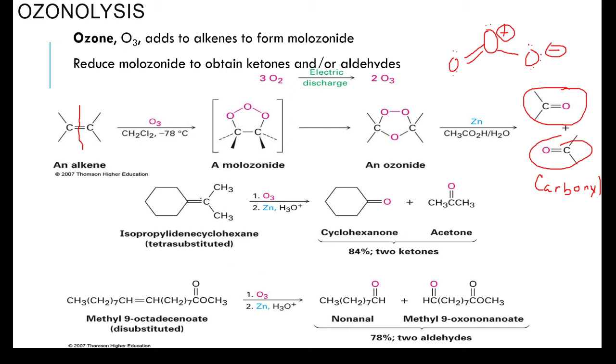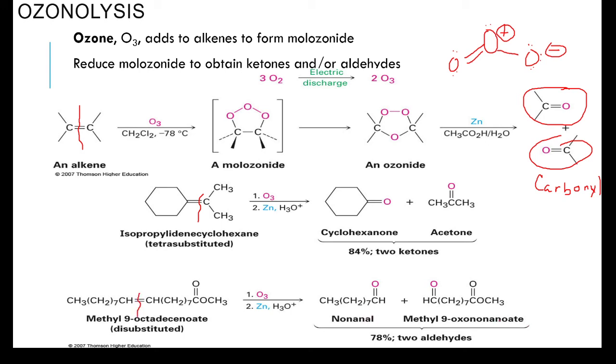As you can see, here's our double bond, and here's where our split is going to be. We create cyclohexanone and acetone. Acetone here, and cyclohexanone there. Here's our split. What are we going to create?